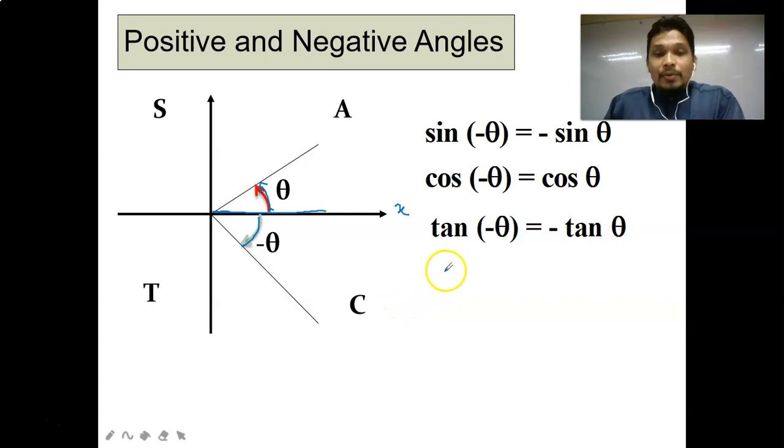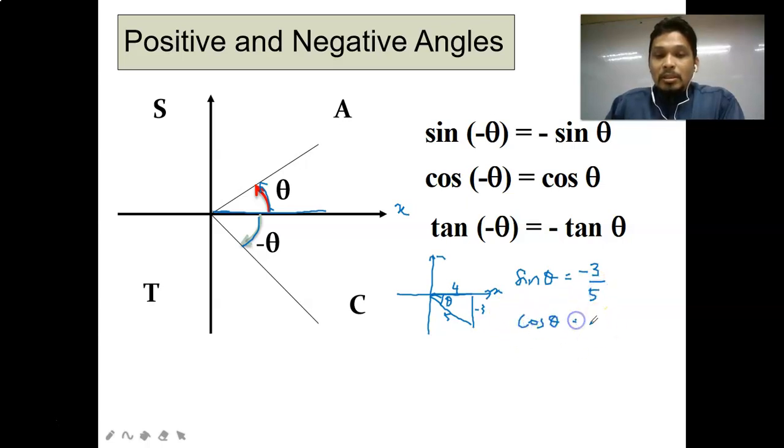Okay, if I give you the idea of this, any triangle, so then this is negative 3, 4, and 5. So let's say theta here. Sine theta, sine opposite negative 3 divided by hypotenuse, which is 5.